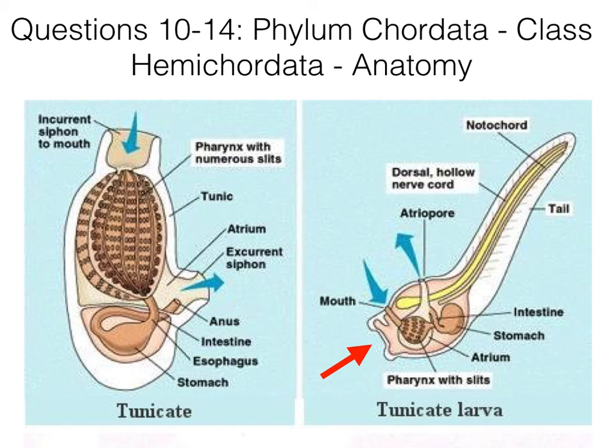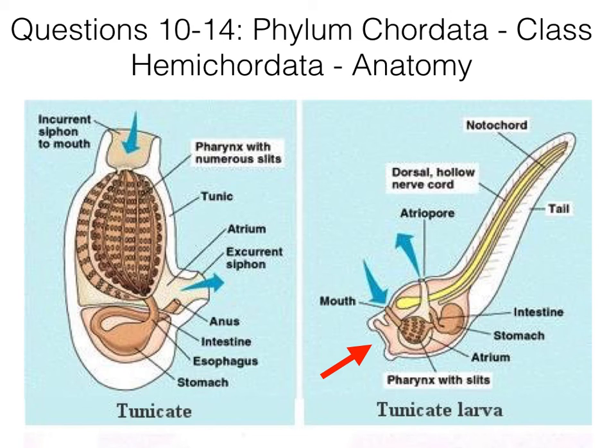So you can see, though, this slide shows an adult on the left and a larva on the right. And the larva actually has way more in common with us than the adult seems to. When they are first developing as larvae, they do have a notochord. They have a postanal tail. They have a dorsal nerve cord. They have all these things that a lancelet also has, that you also have.